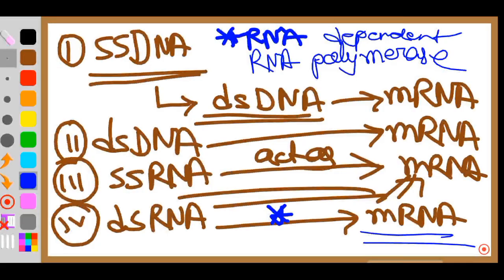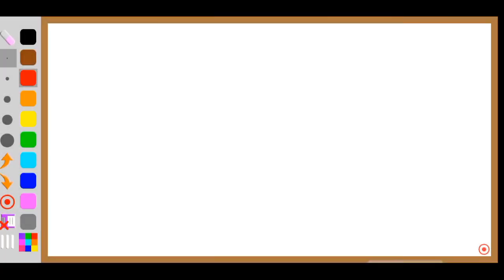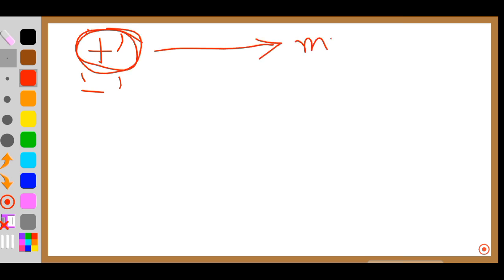Now we know that the single stranded RNA can be of positive stranded or negative stranded. So what is the positive strand and what is the negative strand, and what will happen if the strand is positive? There is no issue, it will directly form the mRNA. But if the strand is negative, it has to be converted into positive first, then it will produce the mRNA.